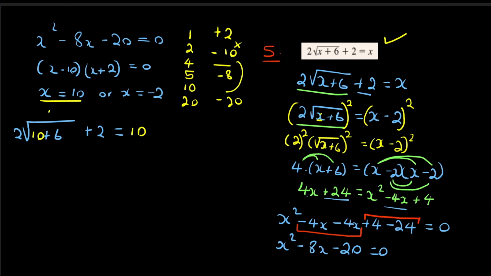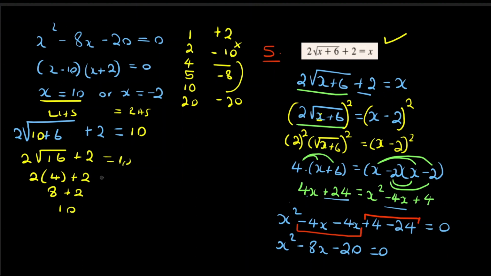So remember, we need to prove that the left-hand side is equal to the right-hand side for these to be valid. So it will be 2 times root of 16, plus 2, and 2 times the root of 16 is 4, plus 2, 2 times 4 is 8, plus 2, which will give us 10. So we can see that the left-hand side is equal to the right-hand side, which is 10, which means then x is equal to 10 is a valid solution.